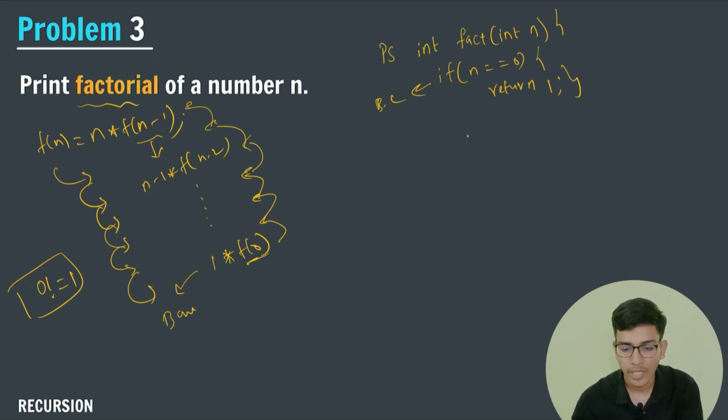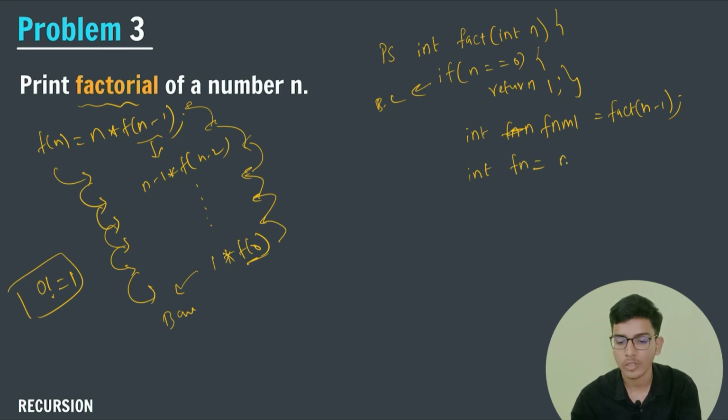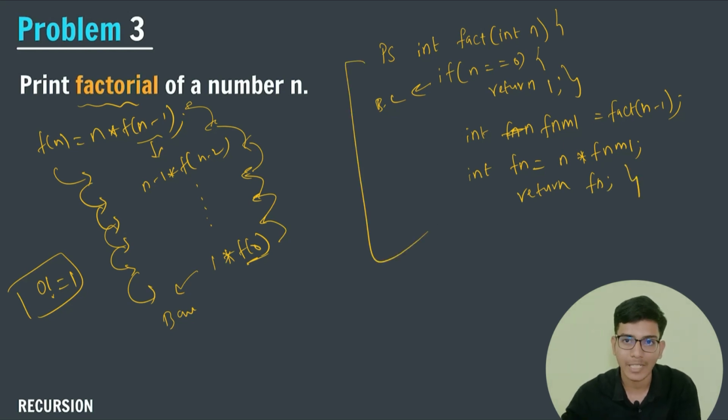So I need to calculate int factorial of n minus 1. So this will become fact of n minus 1. So I am calling my function. After that what I am doing, I am calculating my factorial, that is f of n. Factorial of n is equal to n into factorial of n minus 1. Finally I return whatever value I got from my function calling. So this is the pseudocode for calculating the factorial of a given number. Now let us code this thing.